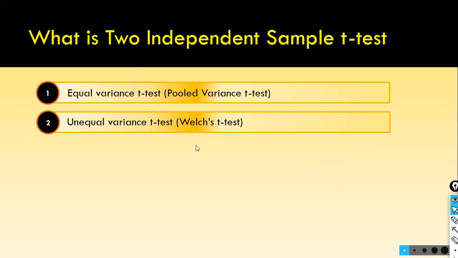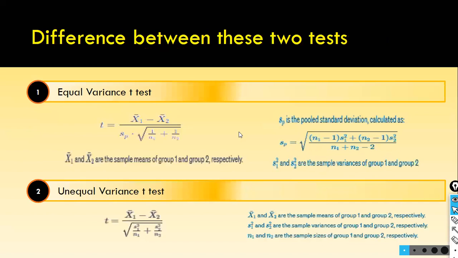Does that mean the formulas are going to change? Yes, obviously the formulas are going to change. In the case of the equal variance t-test, it is x1 bar minus x2 bar divided by the pooled standard deviation times the square root of 1 divided by n1 plus 1 divided by n2. Here x1 bar and x2 bar are the sample means of the two different groups respectively.